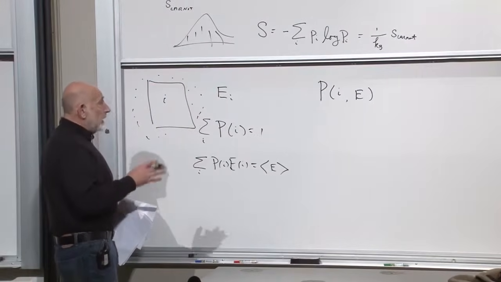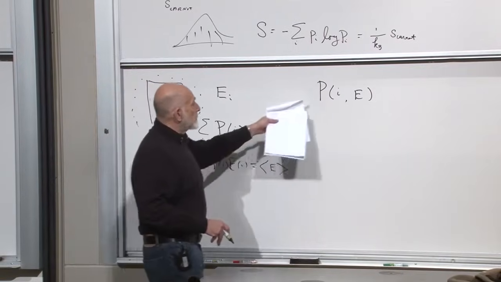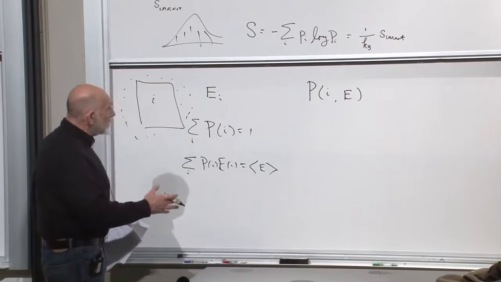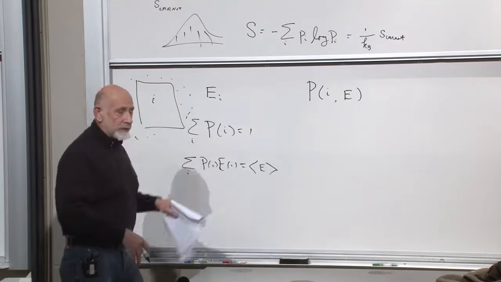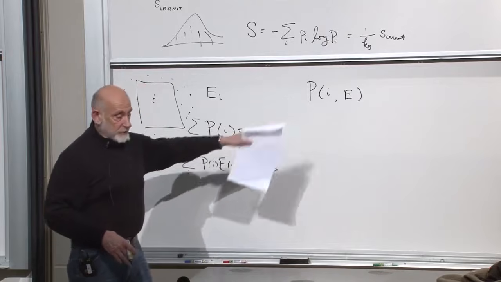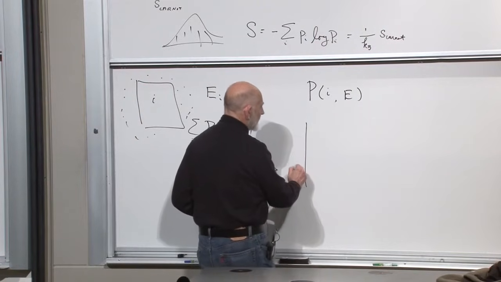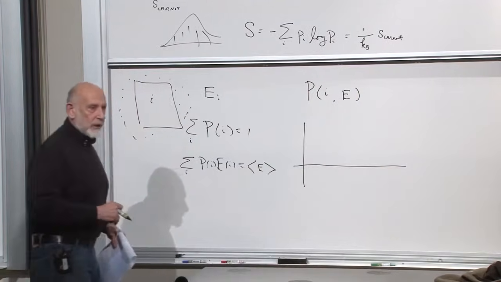Of course, if you increase the average energy, then you tilt the probability distribution toward larger energy values of E sub I. So there's not a single probability distribution that you call equilibrium.